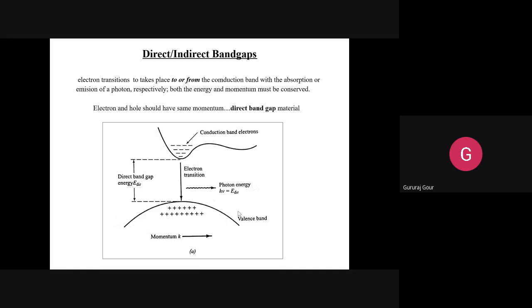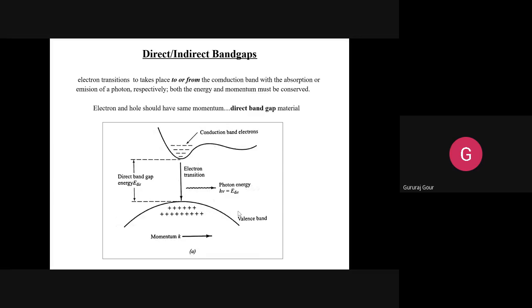If you apply light or photons, the energy is used by the electrons in the valence band. They will vibrate and become loose, and they will jump. They vibrate, meaning they absorb that energy by absorption.